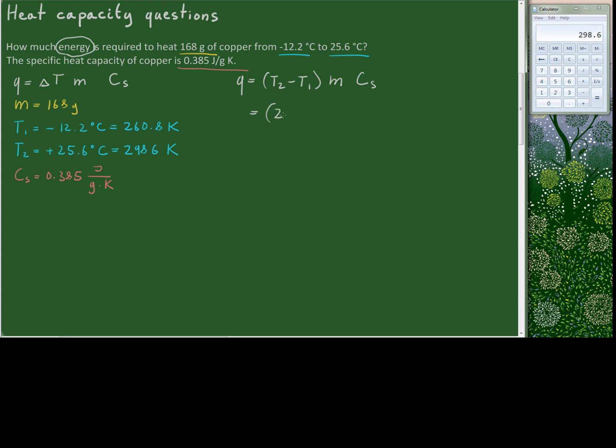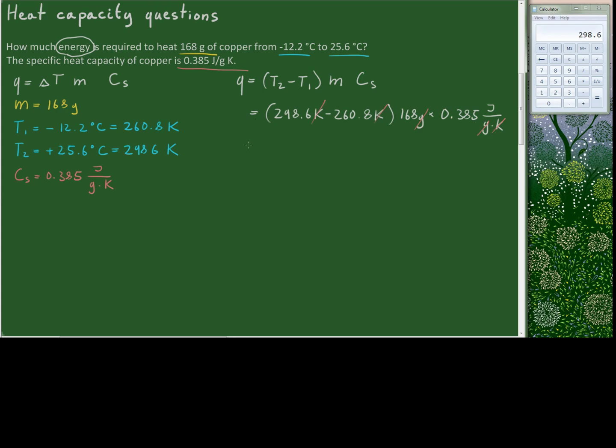So we have T2 as 298.6 Kelvin minus 260.8 Kelvin, times the mass, 168 grams, times the specific heat capacity, which is given as 0.385 joules per gram Kelvin. And some units will cancel, so this gram and this gram will cancel, and also this Kelvin and this Kelvin here will cancel.